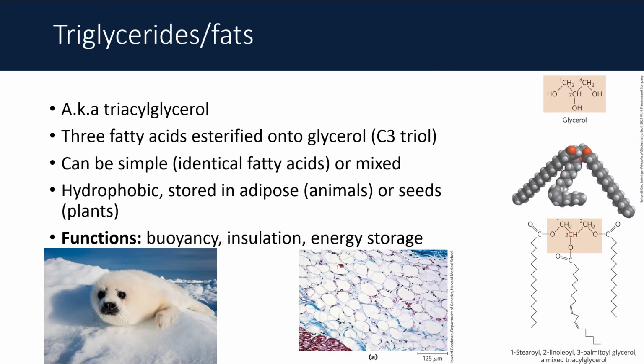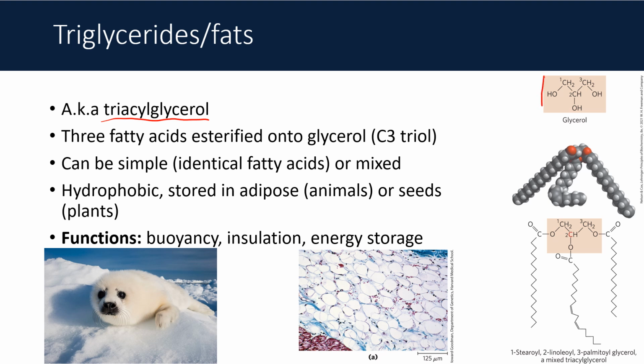The next class of lipids on the docket are the triglycerides. And these are what most people probably think of when they hear the word fats or lipids. They're also known as triacylglycerols. And that's because we form them by taking three acyl groups from fatty acids and condensing them onto a common glycerol backbone.